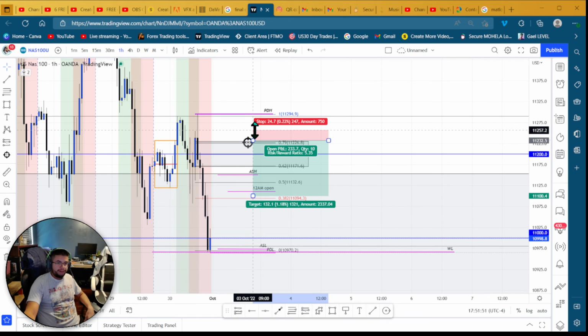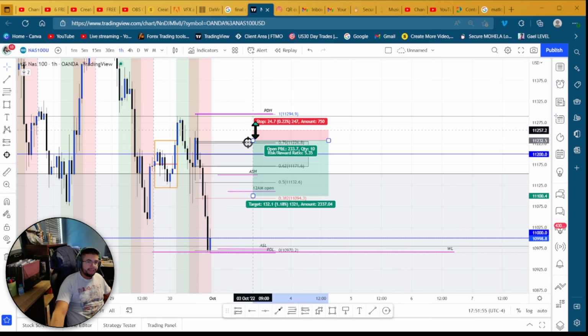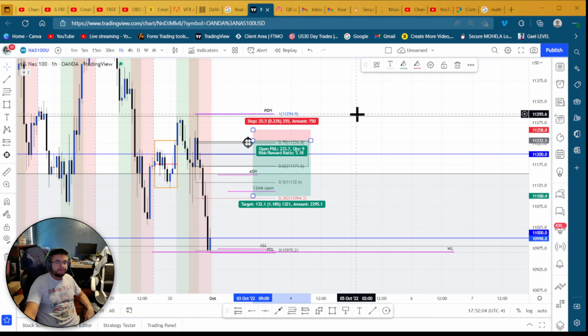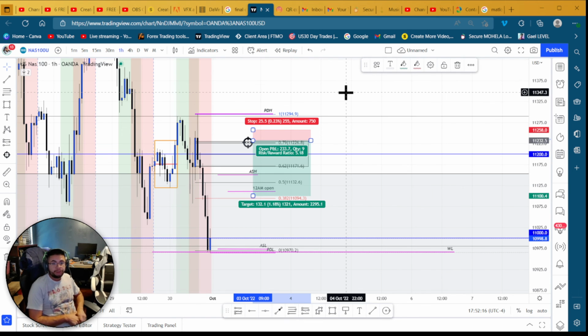But with a 25 pip stop loss, this same trade idea, by getting in at the optimal trade entry to reduce that amount of drawdown, now turns into a 1 to 5.18 risk to reward, which if you win this trade, instead of being able to lose 2.5 days, you were now able to lose 5 days in a row.